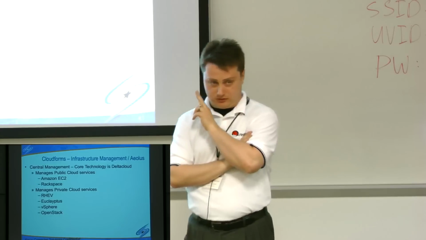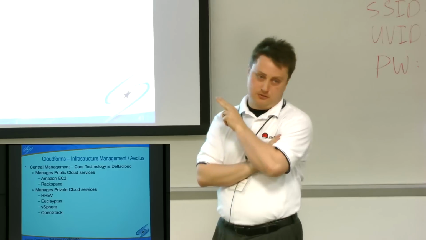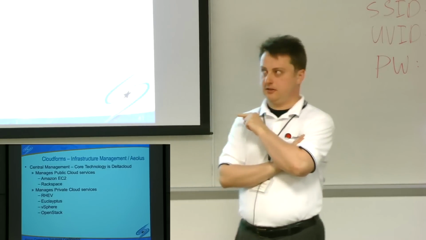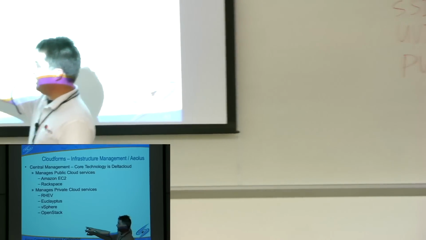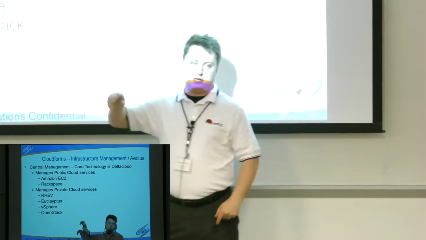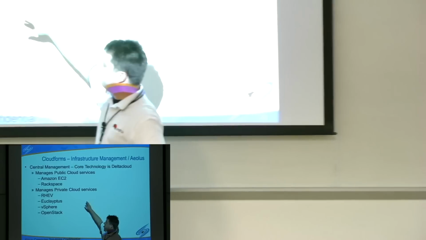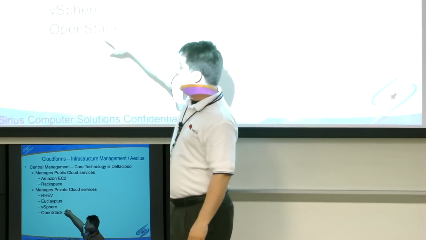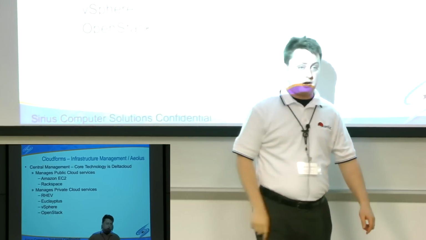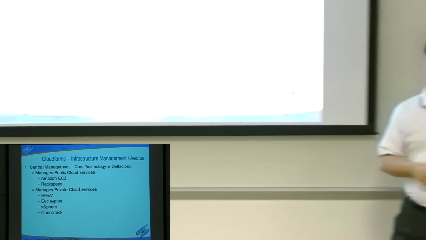Right now I know the two working ones are Amazon EC2 and Rackspace. And it will support, if you want to use OpenStack instead, you're having all these systems here, you're using OpenStack for your private cloud, you can use CloudForms to manage it.